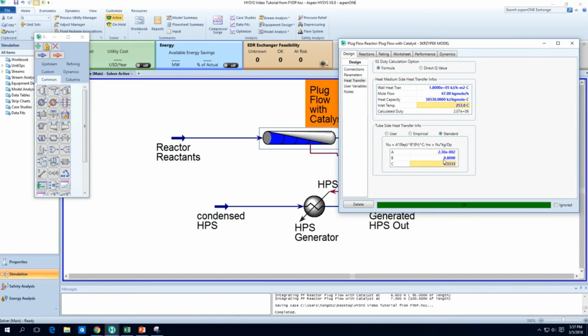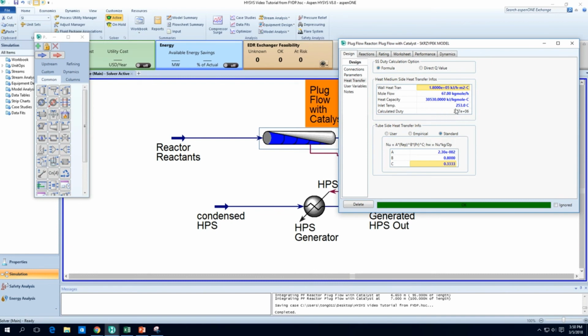All this factors into the U, because this is the convection heat transfer coefficient. It helps to calculate that on the reactor side, and then on the coolant side you have the wall heat transfer coefficient, etc.